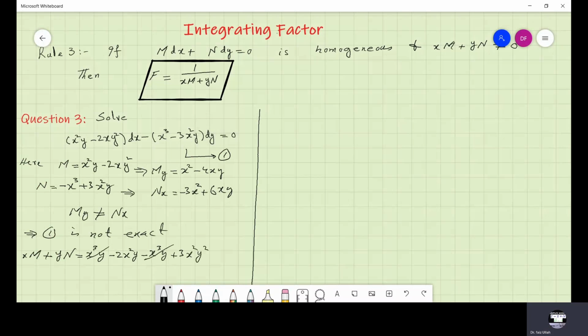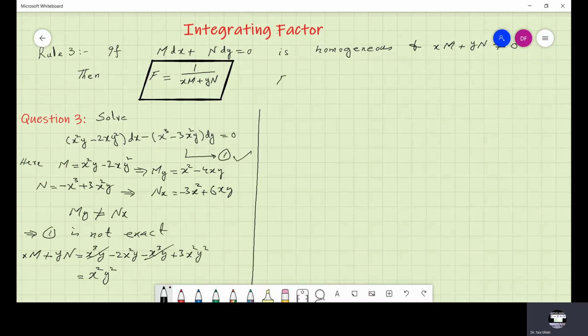Now these two terms will be cancelled and we get that this is equal to x square y square, which is not equal to 0. So we can see that equation number 1 is homogeneous and xm plus yn is not equal to 0. That is why we can use rule number 3.